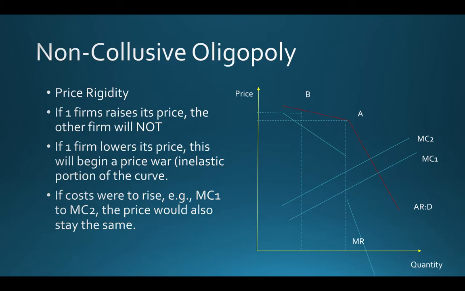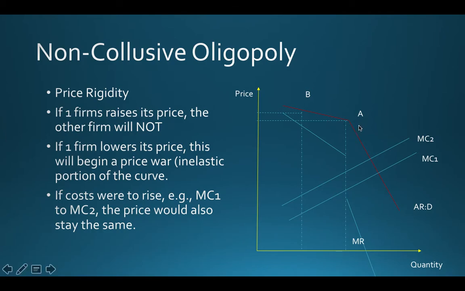We don't want to do that, and our competitors don't want to do that either. So we have no incentive to raise our price, and we have no incentive to lower our price. Based on that, we want to just keep the price at A. So that's the primary reason why the prices are rigid or why they don't flex.